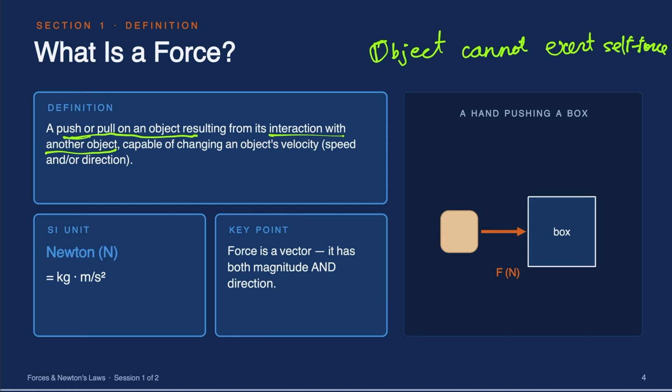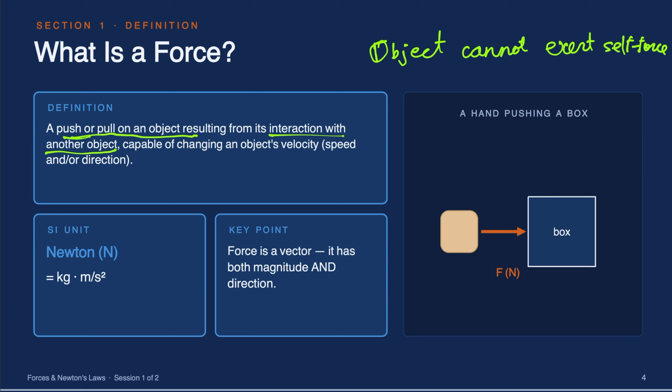There has to be two objects coming into contact with each other. It doesn't need to be contact. It could also be non-contact, but it always needs to be between two objects, not one. One object won't work, okay?